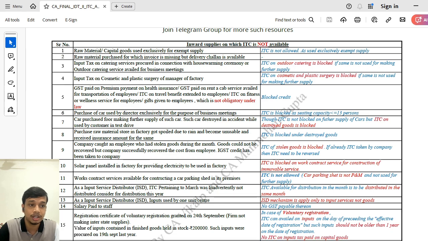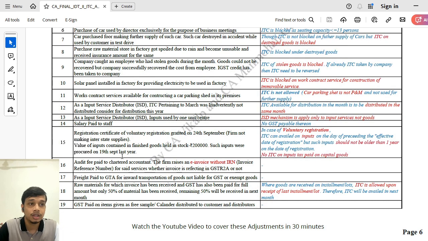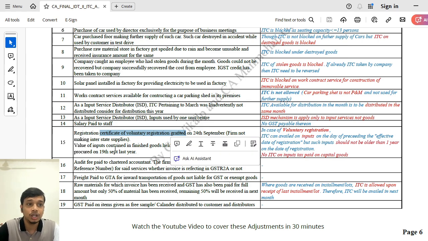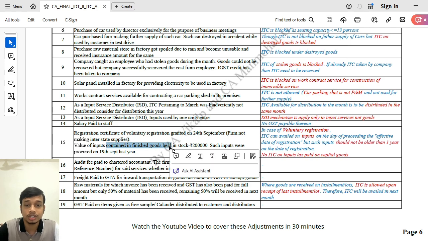No GST on salary. 15th, registration certificate of voluntary registration has been granted on 24th September, and value of input contained on finished goods is 2 lakh, and such inputs has been purchased on 19th September last year.